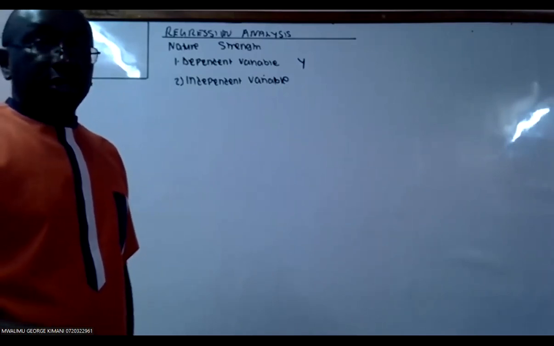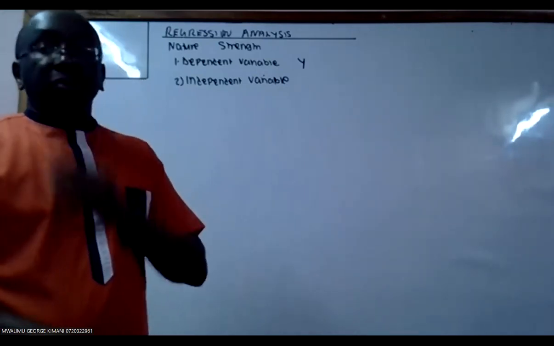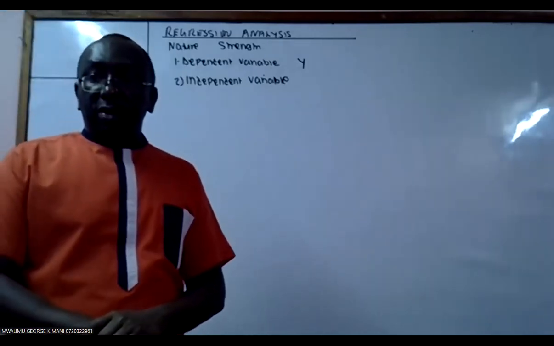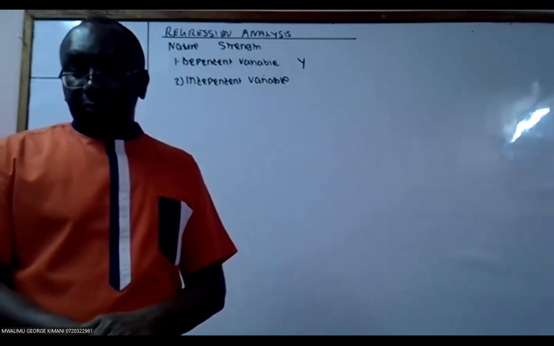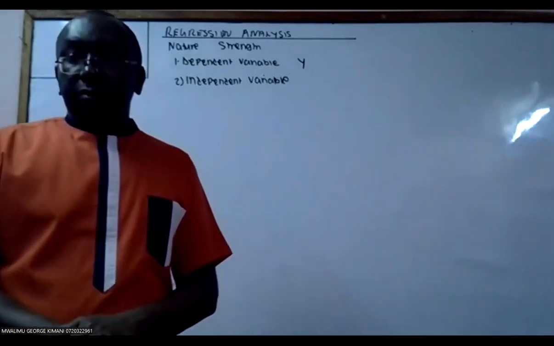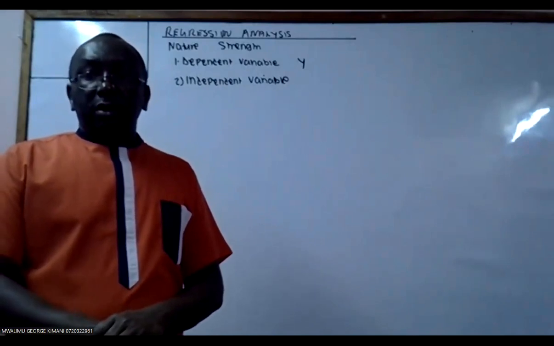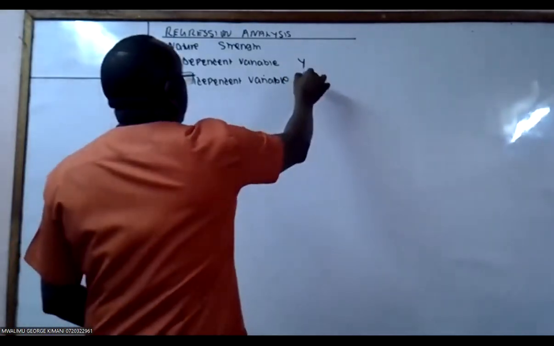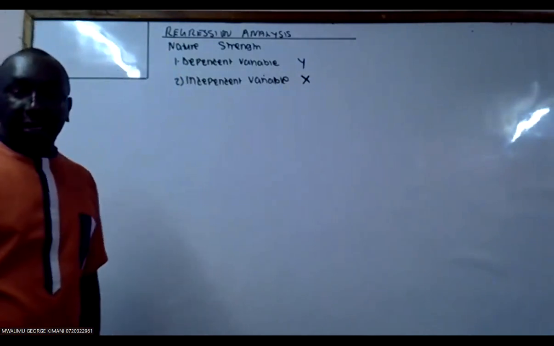An equation can have more than one independent variable. This variable is represented by letter X.